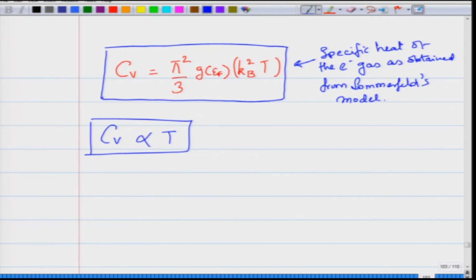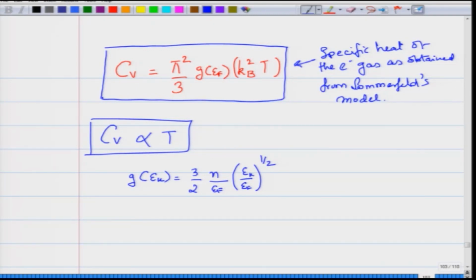The second success is that if I look at this expression a little bit more carefully, if you recall that g(E) was equal to 3 by 2 n by Ef times E by Ef raised to half, because the density of states goes as this.